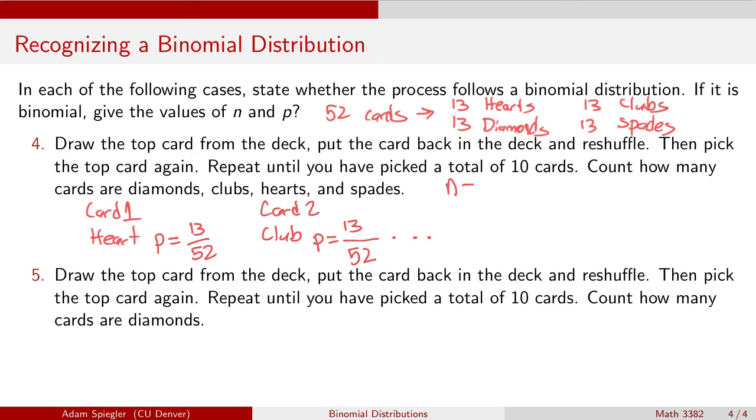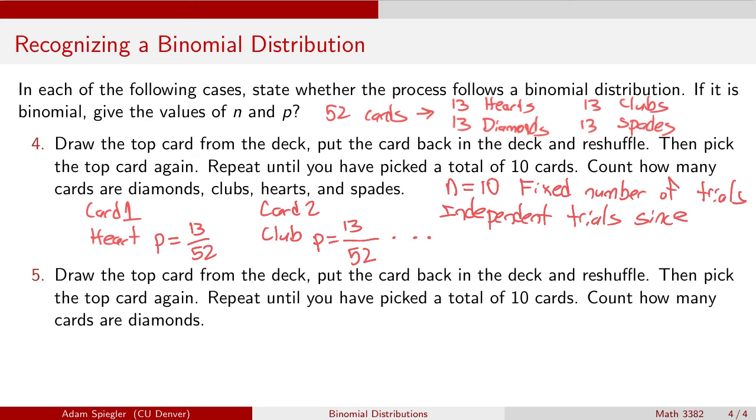So the things that are nice to observe here is that we do have a fixed number of trials. We do have independent trials. And here the key is we are replacing the card.